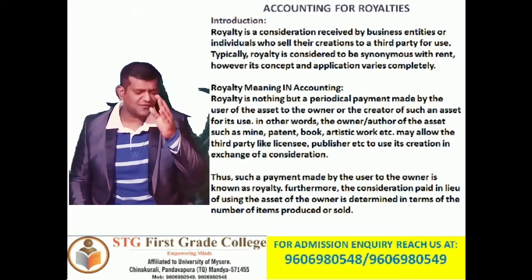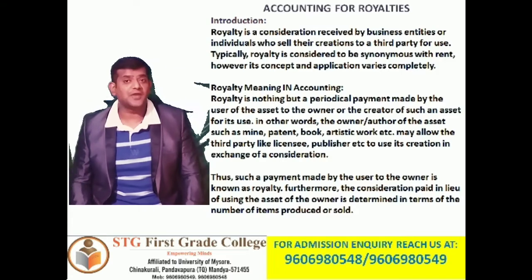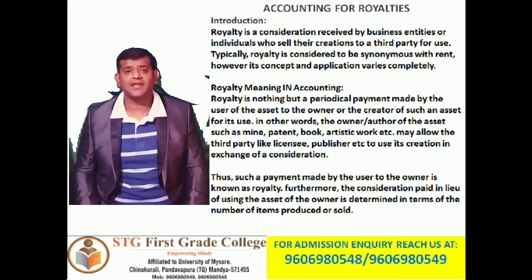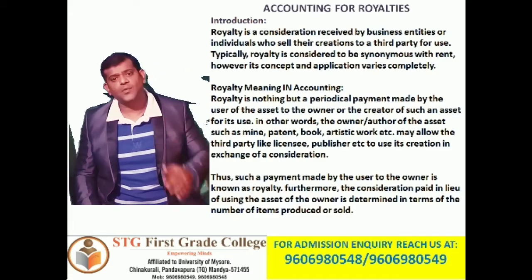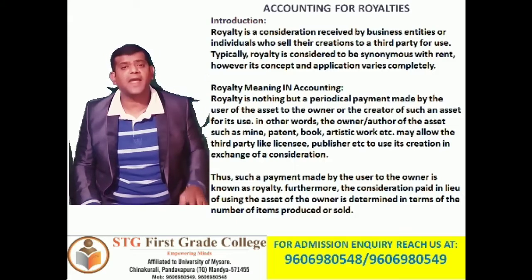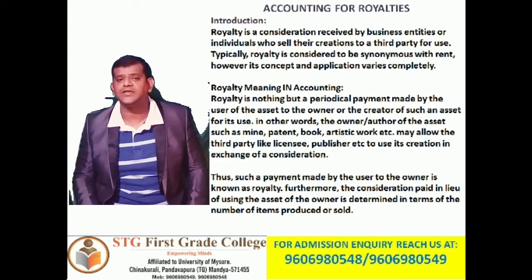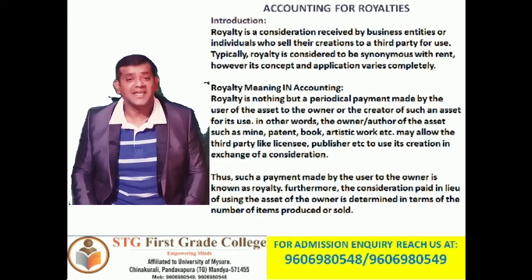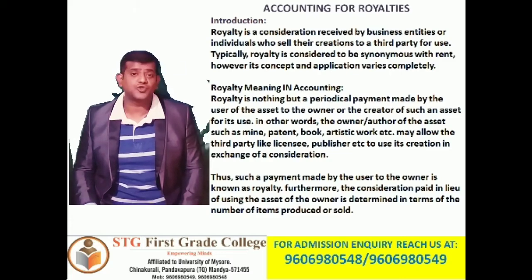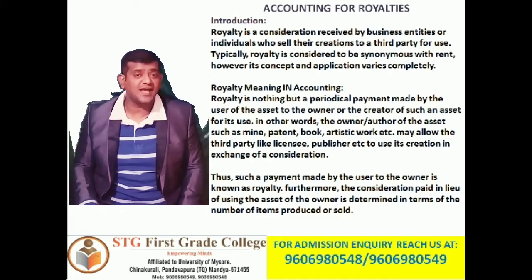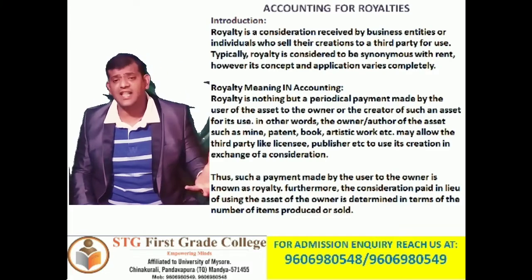So such kind of consideration which is paid by the user to the owner is exactly what we call a royalty. Furthermore, the consideration paid in lieu of using the assets of the owner is determined in terms of the number of items produced or sold. You have to understand that consideration cannot be fixed just like that.